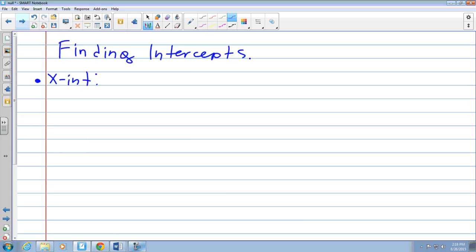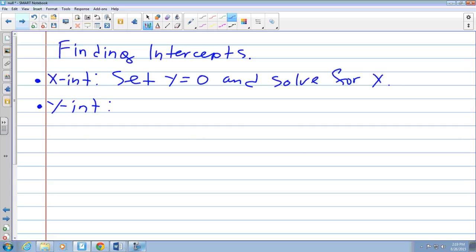Every x-intercept has 0 for the y-coordinate. If it's on the x-axis, y equals 0. So to find the x-intercept, we set y equal to 0 and solve for x. To find the y-intercept, it's on the y-axis, so the x-coordinate is always 0. So we'll set x equal to 0 and solve for y.